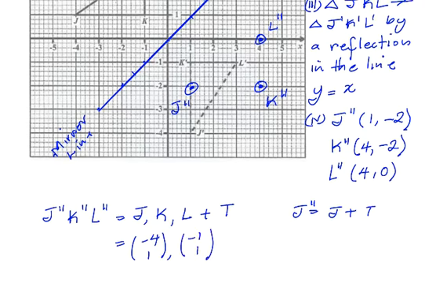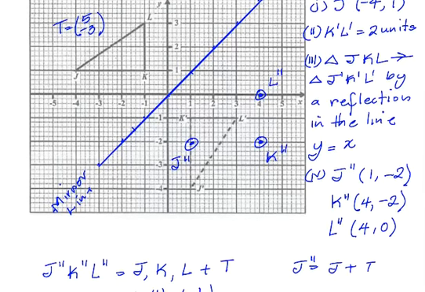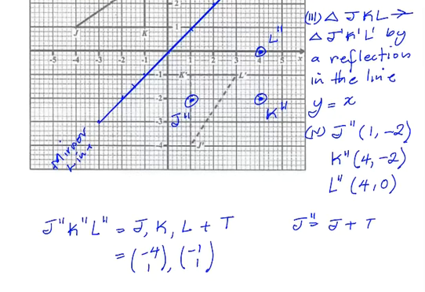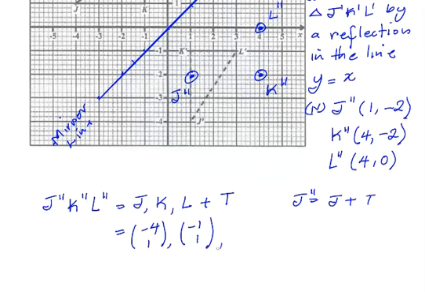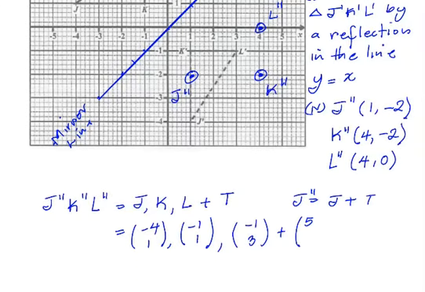And the coordinates of L is (-1, 3). So this is (-1, 3) plus T, and T is (5, -3).